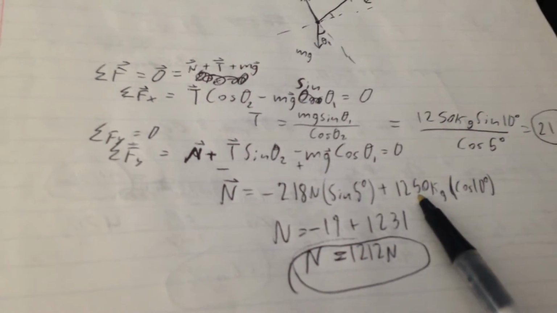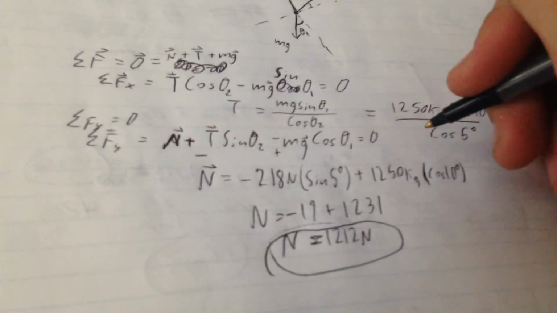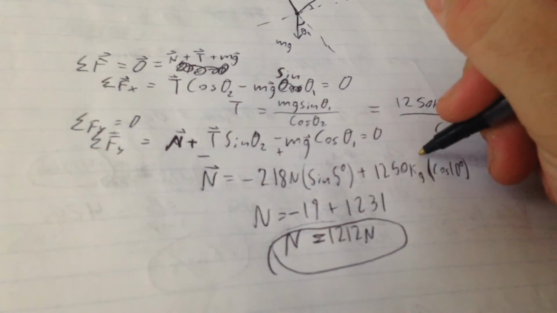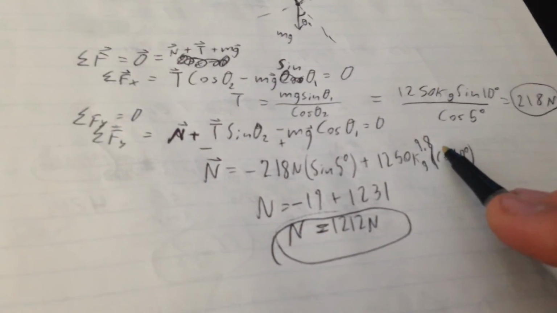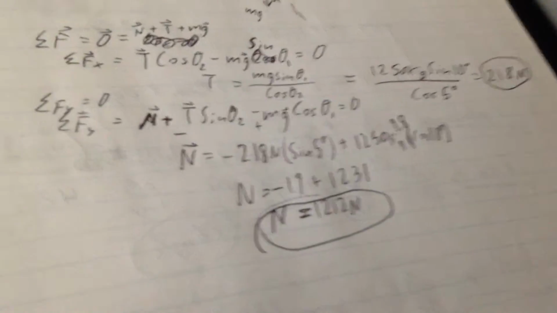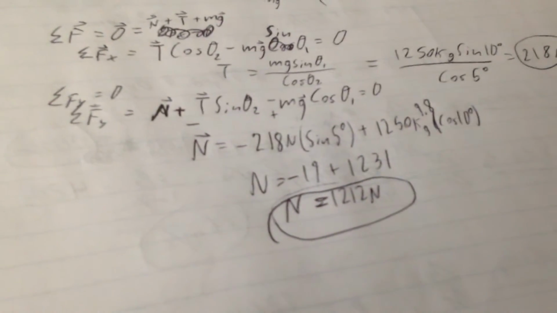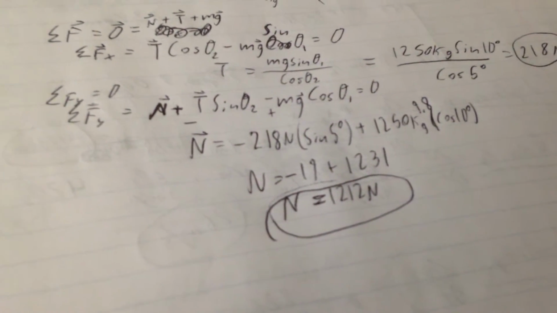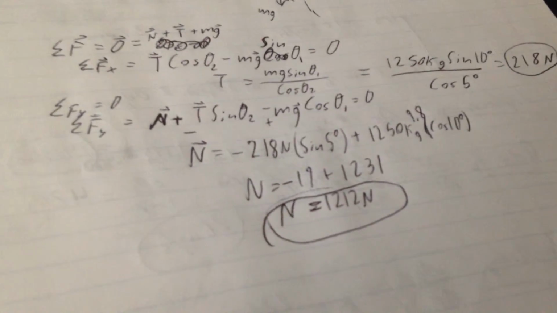Tension is 218 newtons times sine of 5 degrees plus your mass times your gravity. So it's times 9.8 actually. And then 1250 times 9.8 times cosine of 10 degrees.